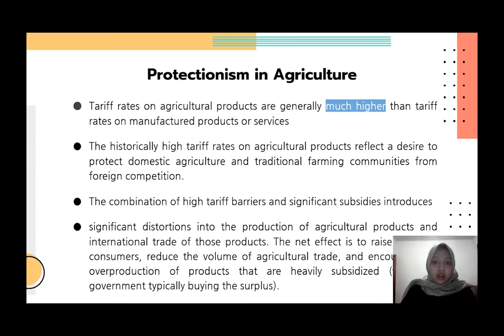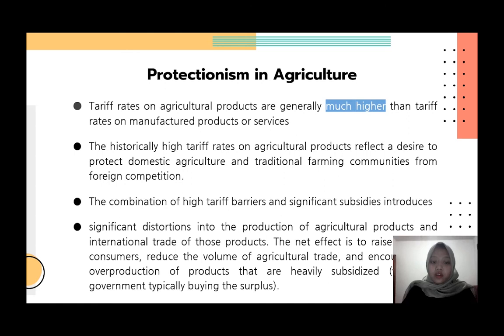Protectionism in agriculture. Tariff rates on agricultural products are generally much higher than tariff rates on manufactured products or services. For example, in the middle of the first decade of the century, the average tariff rates on non-agricultural products were 4.2% for Canada, 3.8% for the European Union, 3.9% for Japan, and 4.4% for the United States.